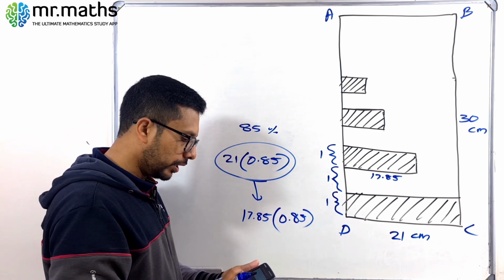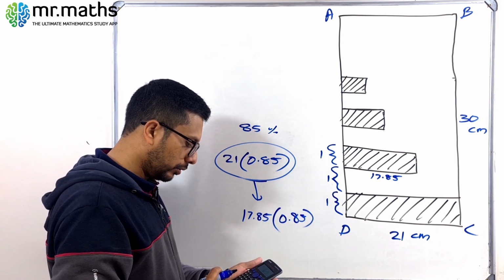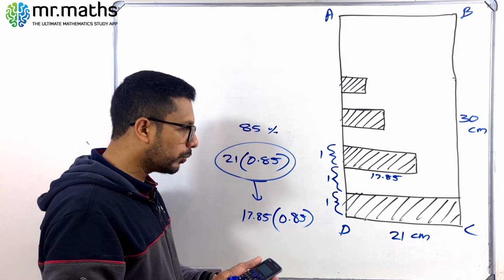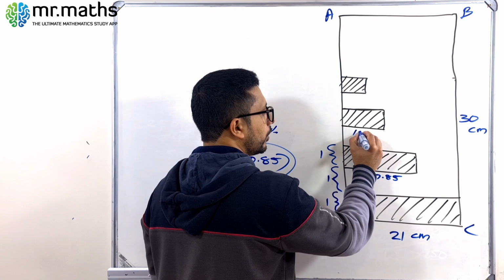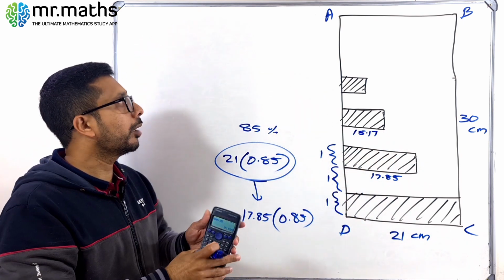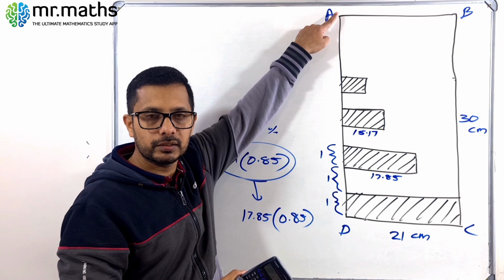You understand? So it is times 0.85. That means 15.17. That means the length of this one is 15.17, and it is going like that up to this point A. Do you understand?